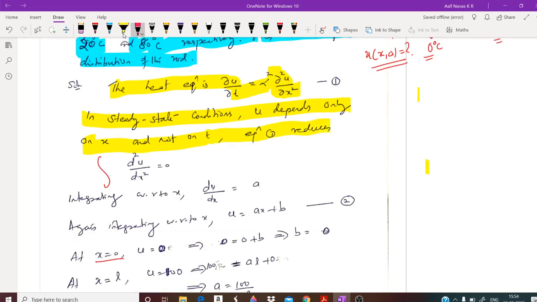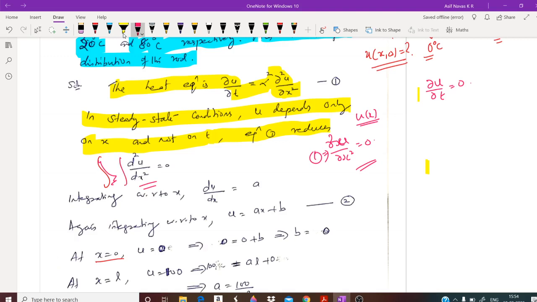Therefore ∂u/∂t is equal to 0. Thus our equation becomes ∂²u/∂x² equal to 0, so u is only a function of x, that is d²u/dx² equal to 0.